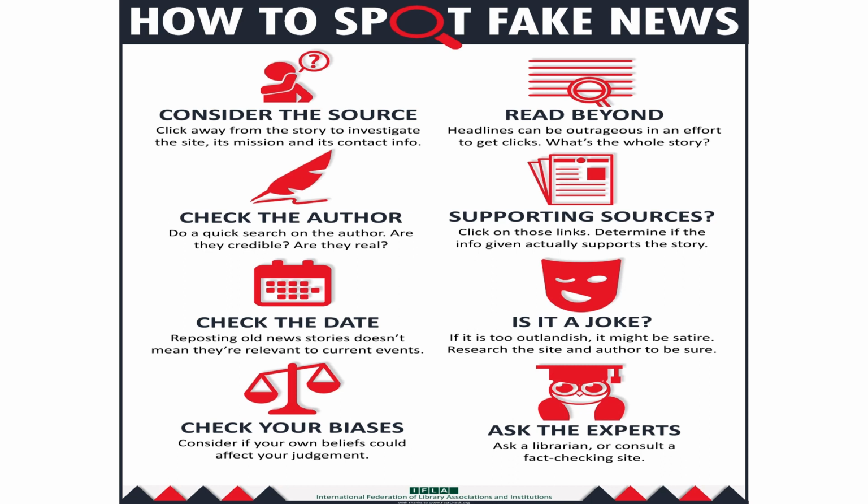Number 7, check your biases. Consider if your own beliefs could affect your judgment. That is, if it's something that we feel comfortable about, we will believe it without actually thinking about it critically. But you need to keep your biases in check.